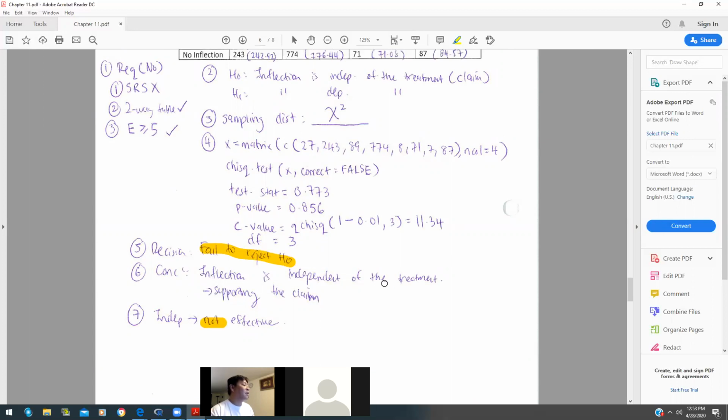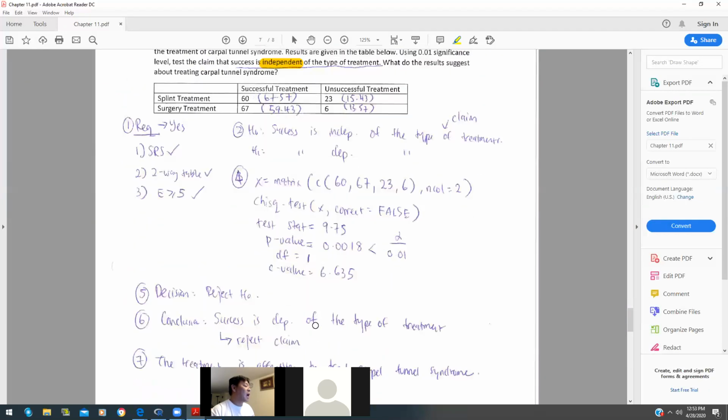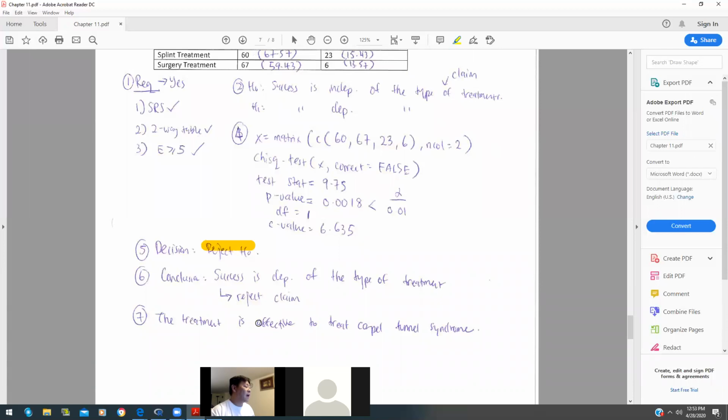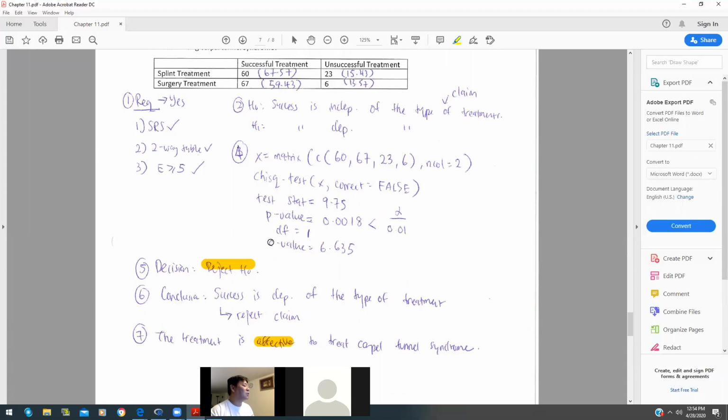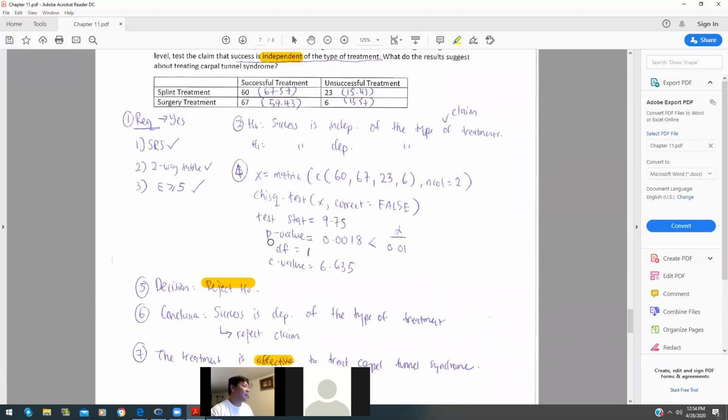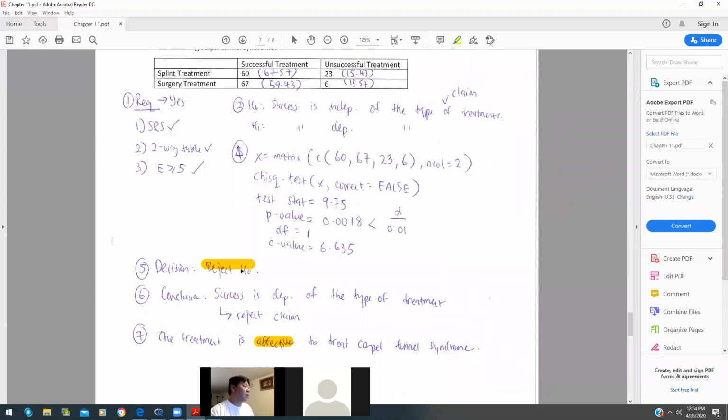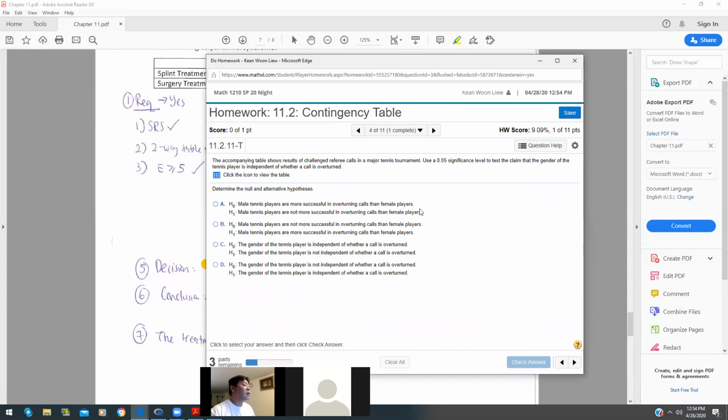If you reject, then that is an effect. So usually in your test, I will ask you whether something affects or has an effect, and if you reject, that's the effect.